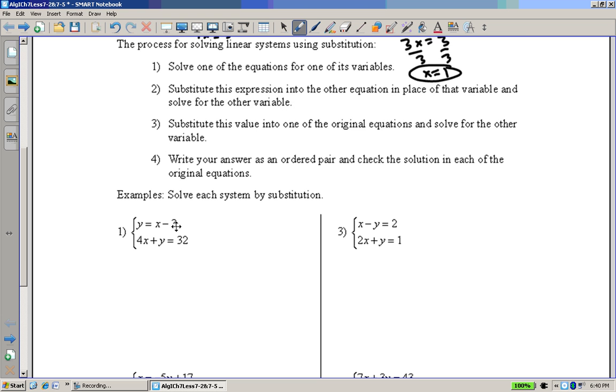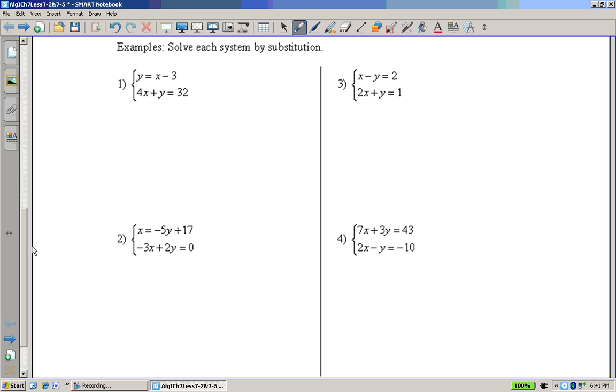Now the process, pretty simple. Solve one of the equations for its variable, substitute that for the other, and then just simply solve. Now I'm going to do a variation of this that my students in the past have liked. So my process is going to be this. We're just going to simply pick a variable. You know what, y is already by itself.